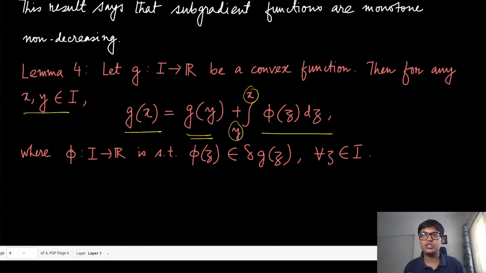They have measure 0, so the integral over those points will be 0, and for the rest of the points we are just looking at the derivatives. Therefore, when we want to find this function g of x starting from g of y, we can just use this integral formula and get the value.